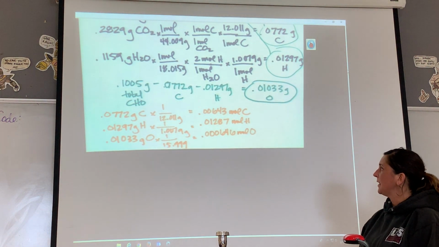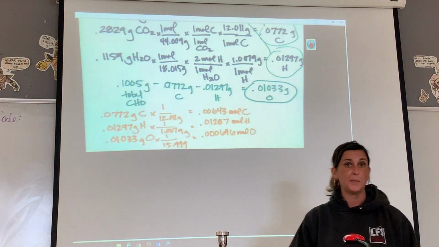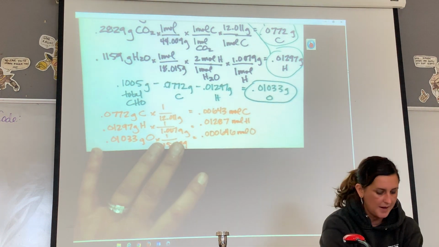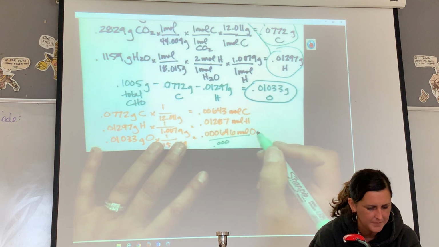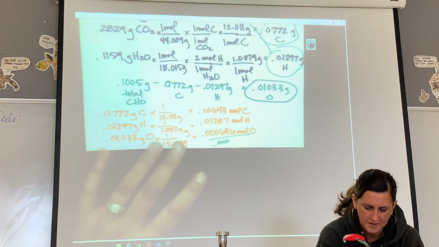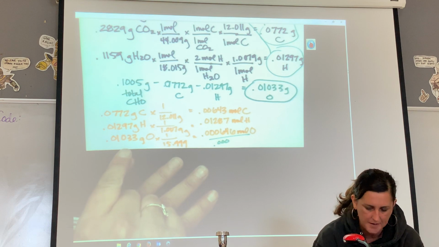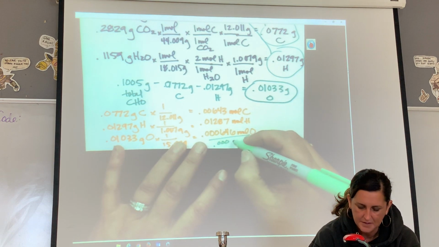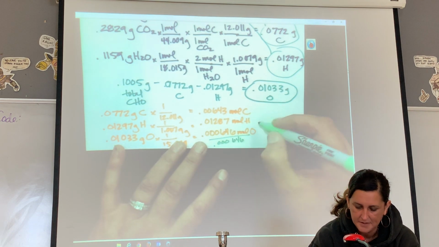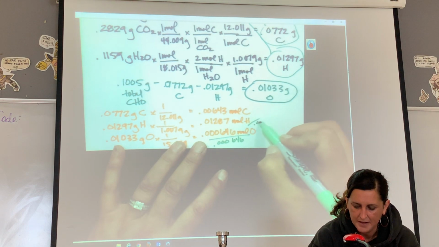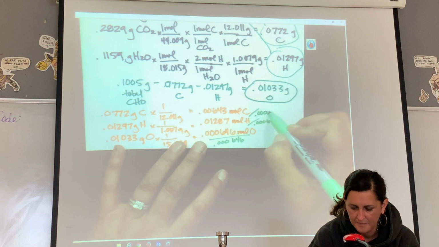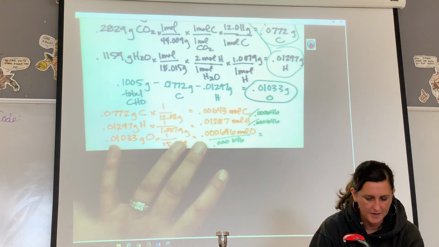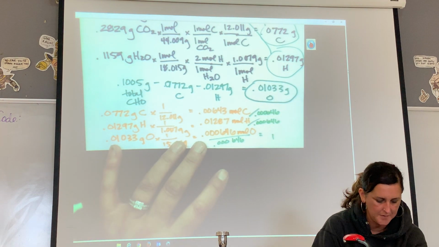Okay, so it looks like the moles of oxygen is the smallest. So we're going to divide all the moles by the smallest moles, 0.000646. Let me just make sure I got that right. Yep, 0.000646. We're going to divide all these by that. And that's going to give us 1 here.